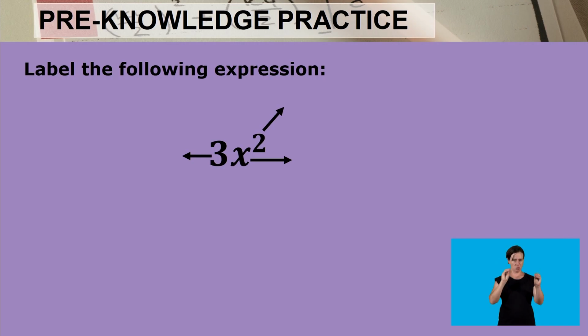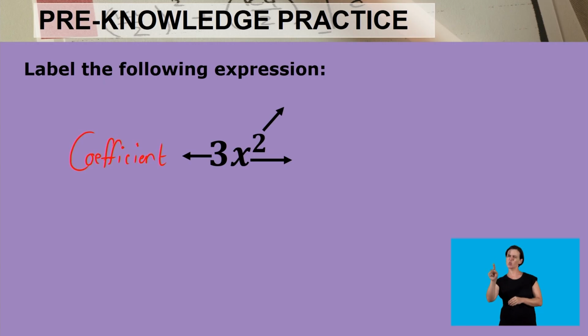We're going to start here by labeling the following diagram. Can we label this diagram? Yes. Firstly, the expression that we have been given here is 3x squared. Let's start with the 3. We know that that 3 is a coefficient. If you said that 3 is a coefficient, then you are absolutely correct.